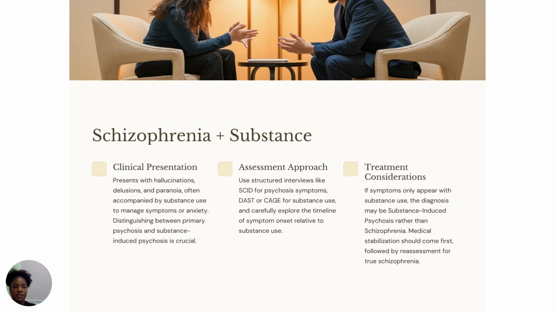Schizophrenia and substance abuse presents with hallucinations, delusions, and paranoia, often accompanied by substance use to manage symptoms or anxiety. We have to distinguish between the primary psychosis and substance-induced psychosis. That's very important.